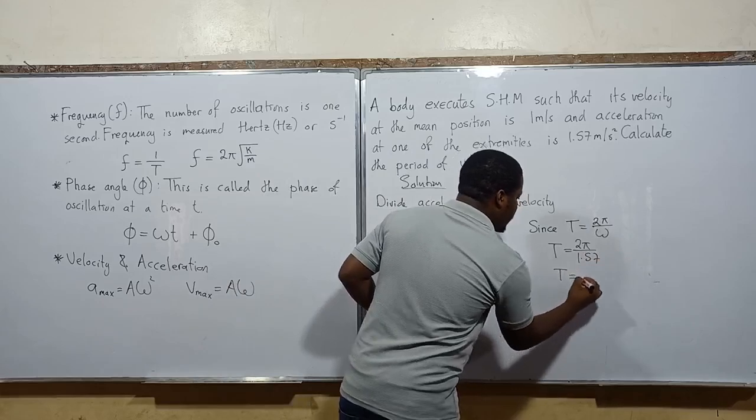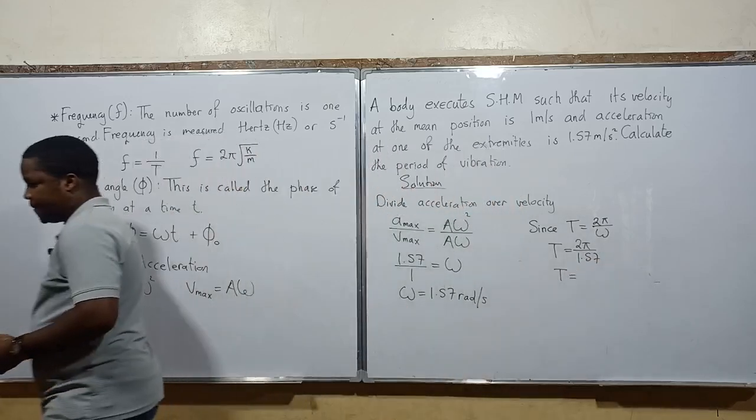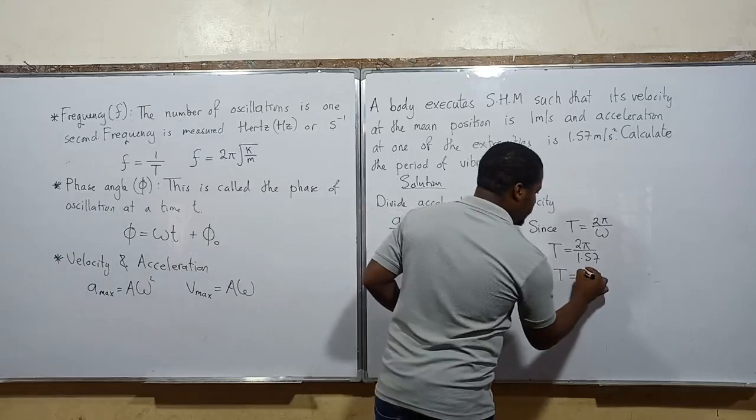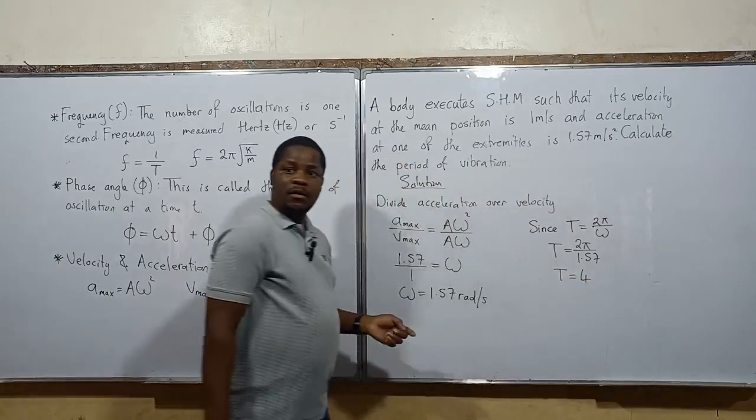So divide the two. What do we get? Very simple. 2 pi divided by 1.57, I'm getting 4. What are the units?